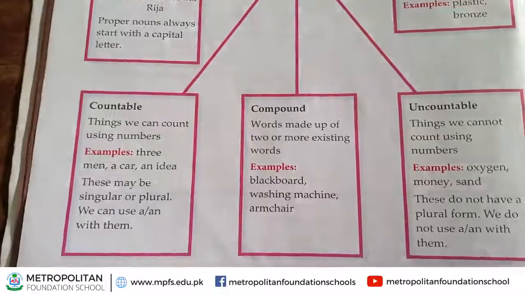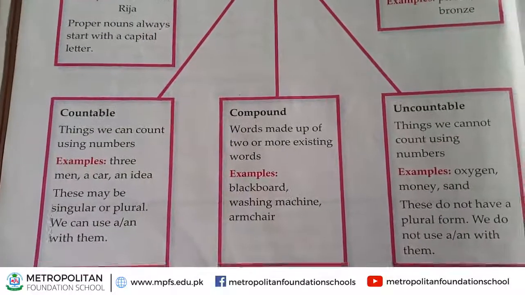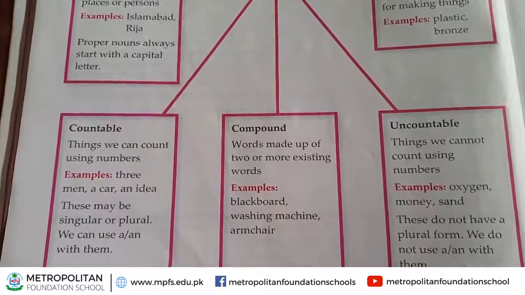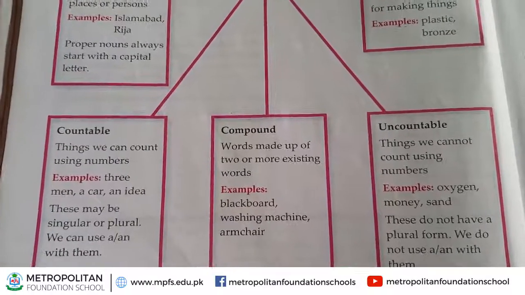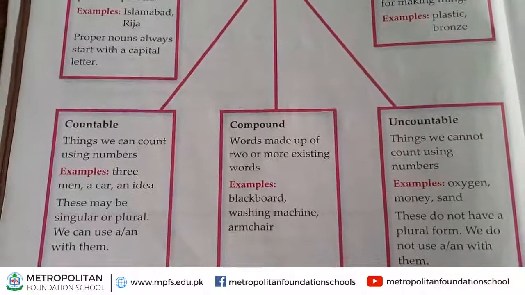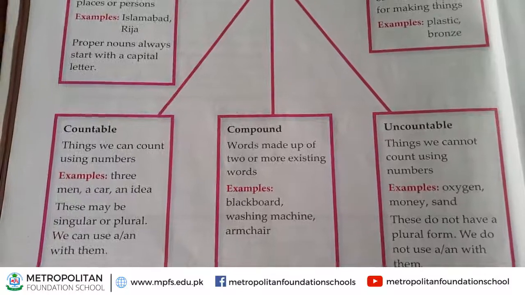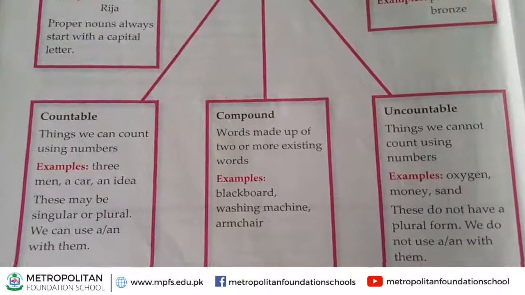Okay, now idea, why do we use an? Because idea's first letter is I, that is a vowel. So we use an because of the vowel, that is the first letter of the word.